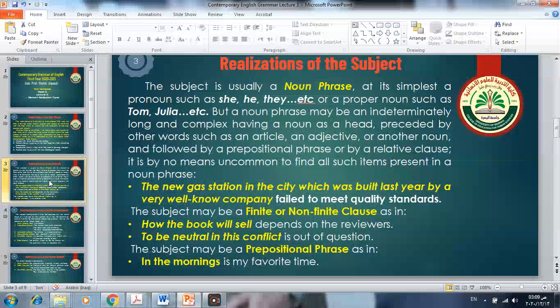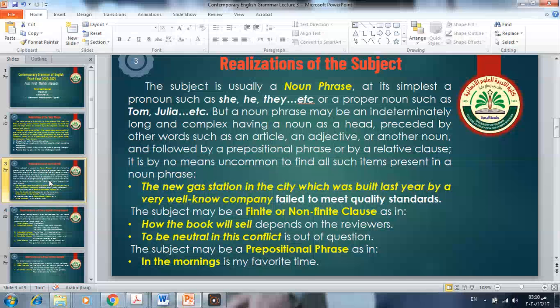Now, the subject may also be a finite clause or a non-finite clause, as in how the book will sell depends on the reviewers. So how the book will sell is the finite WH clause. And to be neutral in this conflict is out of the question.